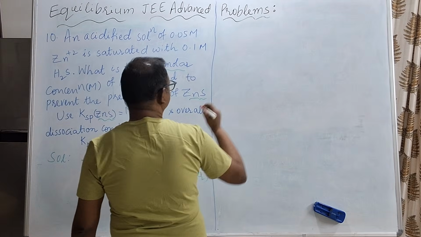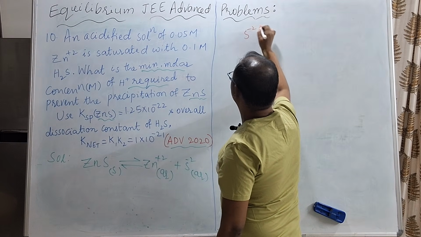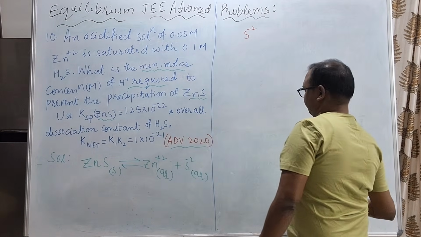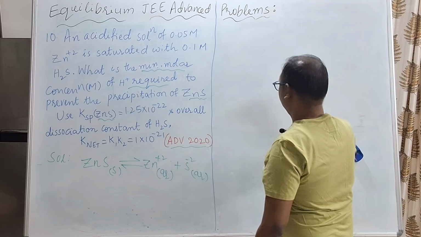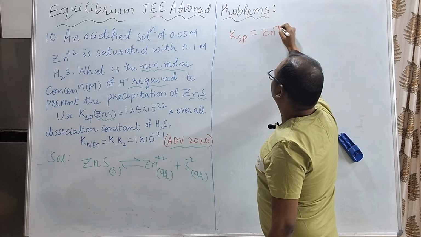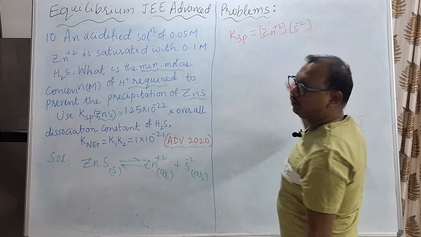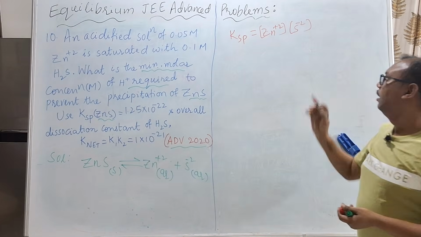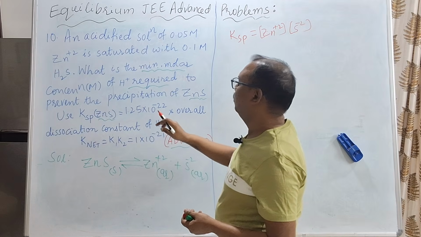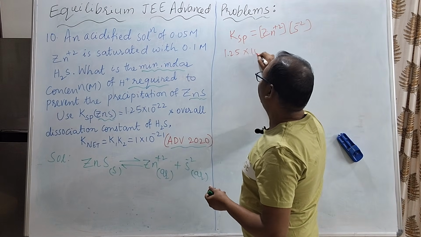I am writing the sulfide ion concentration in terms of Ksp. Ksp is equal to Zn2+ into S2-, zinc and sulfide. Here the Ksp value is given as 1.25 into 10 power minus 22.